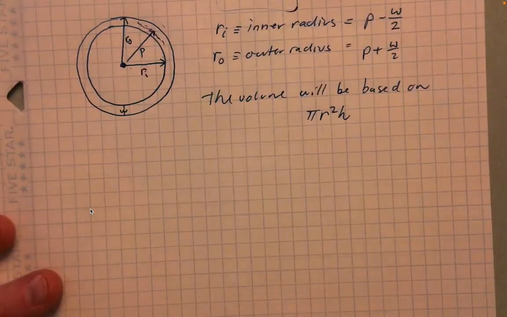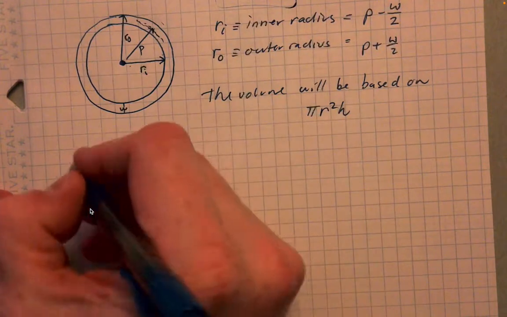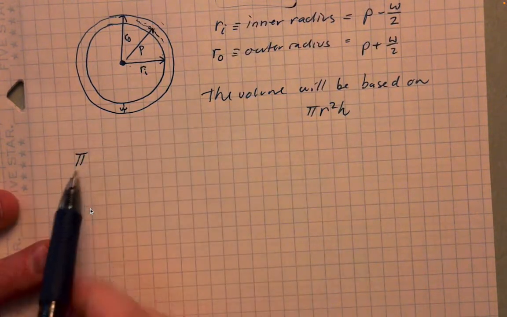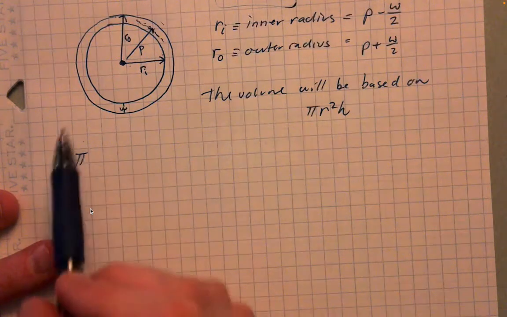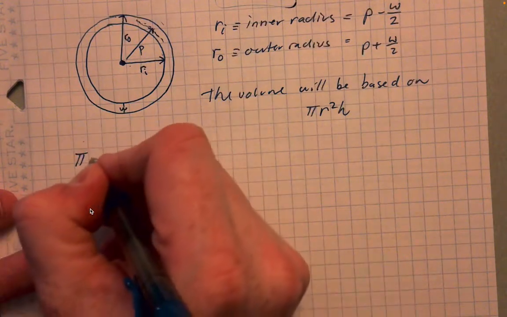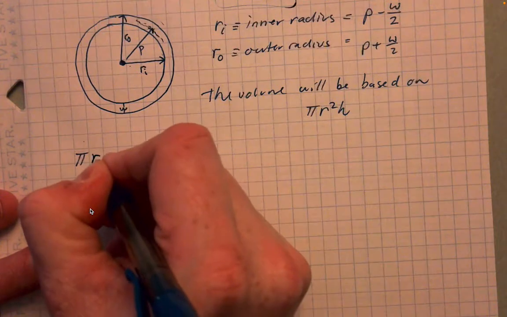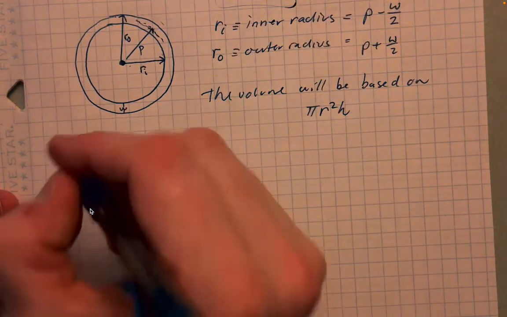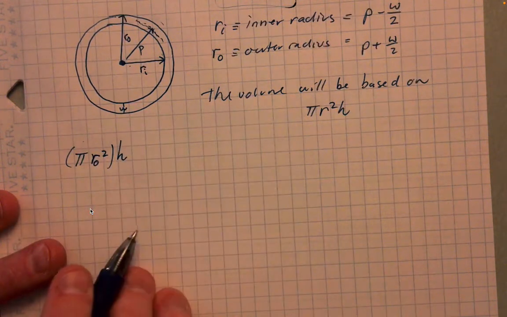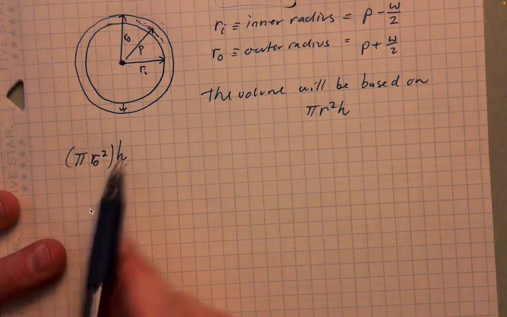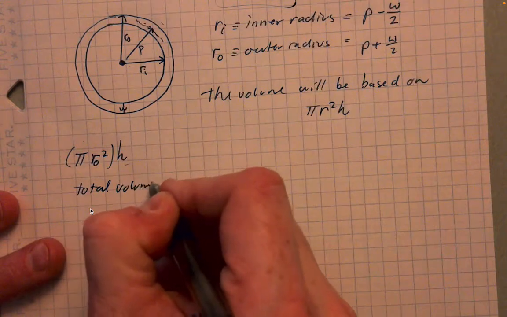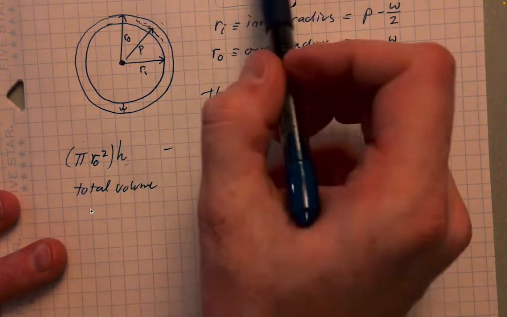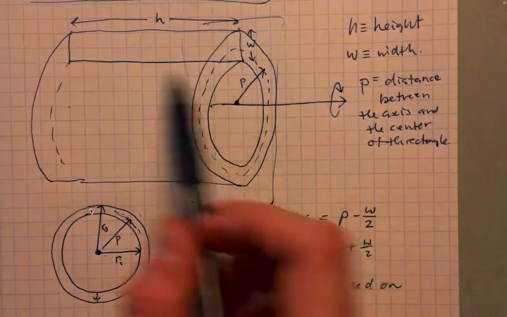So we can do that using basically the volume of the entirety, which would be pi times the radius squared, where here the radius would be the outer radius. So I'll write R_O, and then of course times the height. This is going to give us the total volume. And we want to subtract from that the interior volume, the interior part of the cylinder.